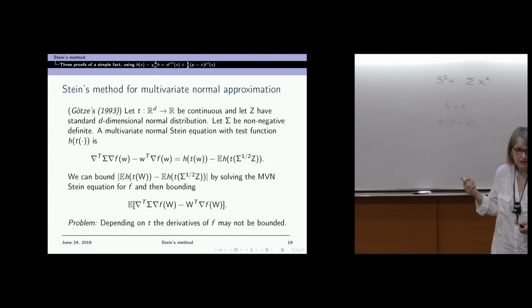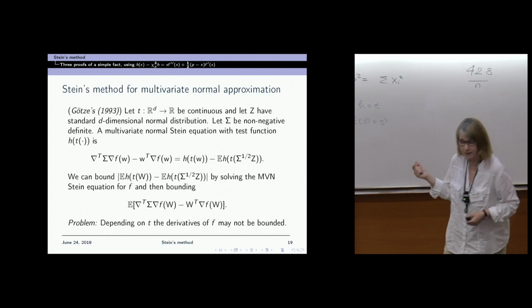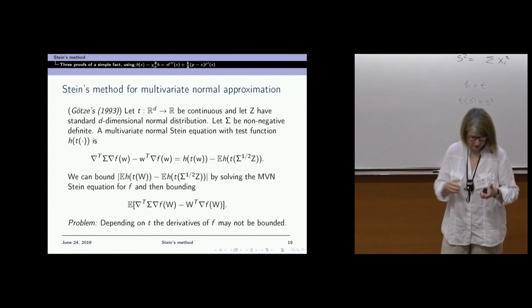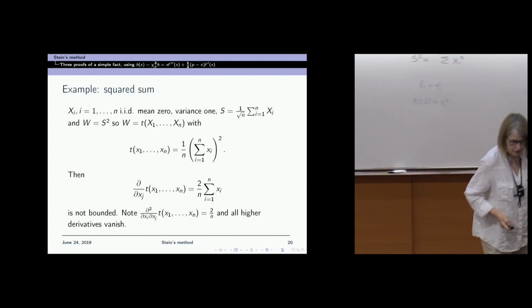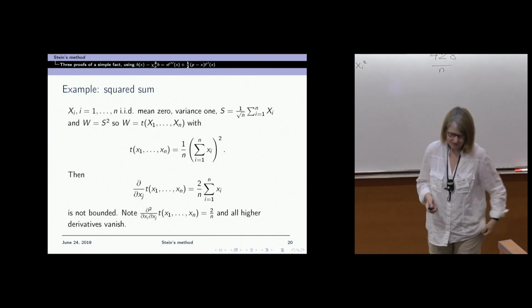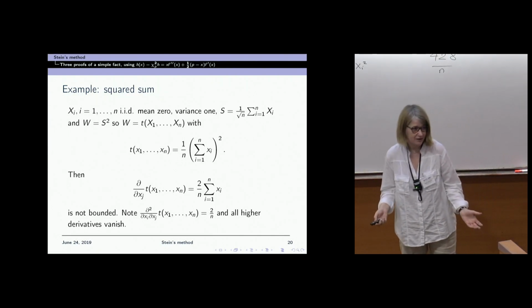So when you take a derivative, you don't get a uniform bound on these test functions. Well, not to worry, as we shall see, because in Stein's method we don't actually need uniform bounds; they are just convenient.